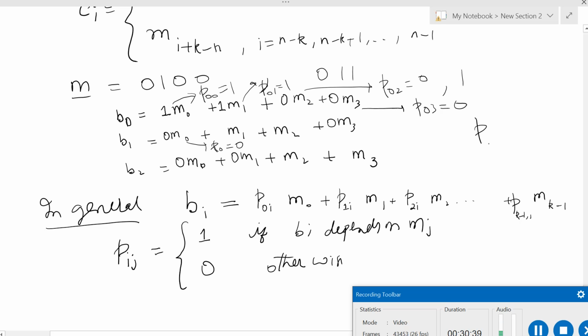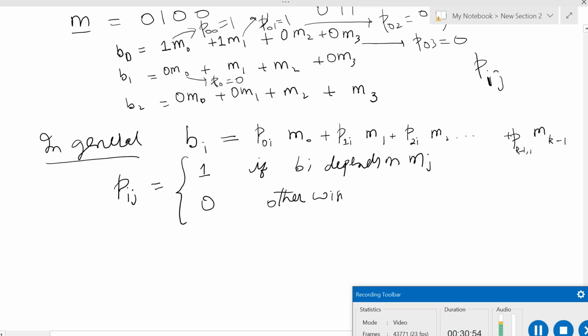The first i means the ith parity bit we are computing, and j means the jth message bit, does it depend on it or not. Okay, so in this way this Pij are chosen, and we can easily give it a matrix shape.